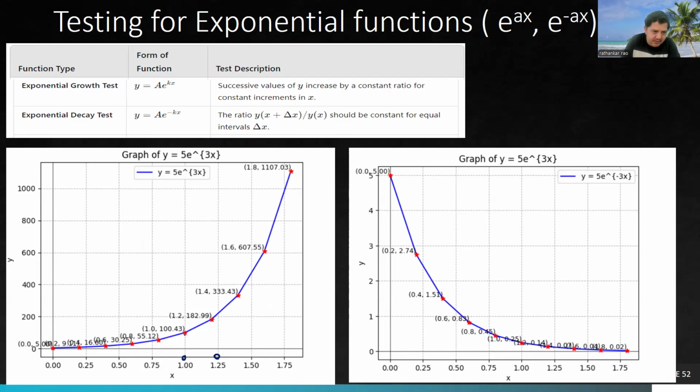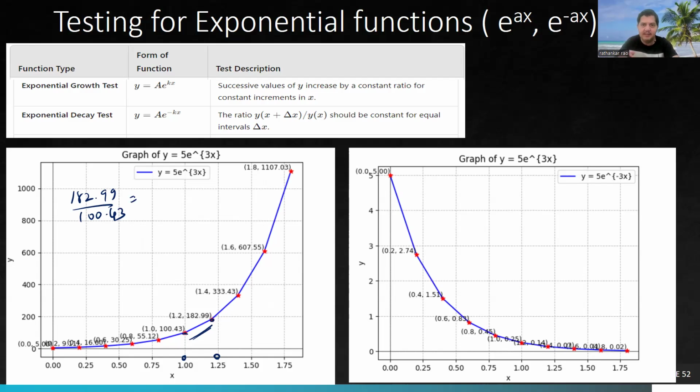I get the value on the graph as 100.43 and 182.99. This point has been plotted here. So I'll take the ratio of these two, 182.99 divided by 100.43, because the difference from 1 to 1.25 is a 0.25 difference.